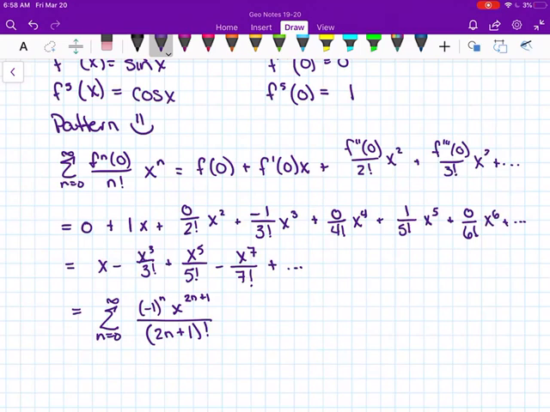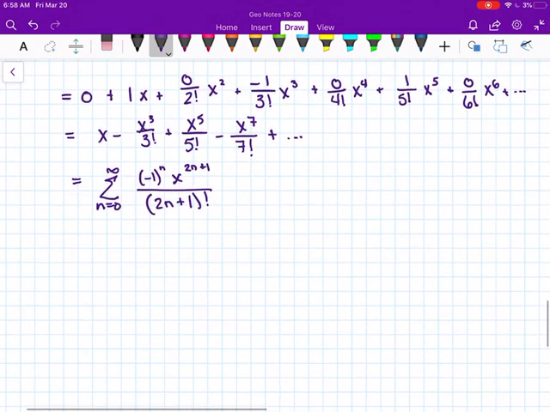And then we have to figure out where this converges, right? So let's do the ratio test.